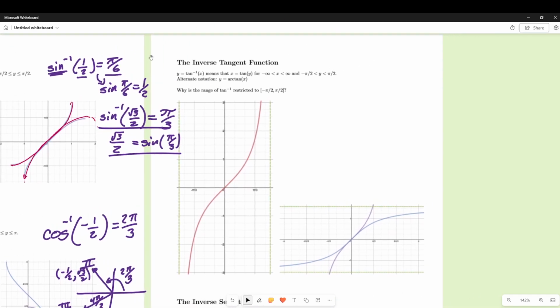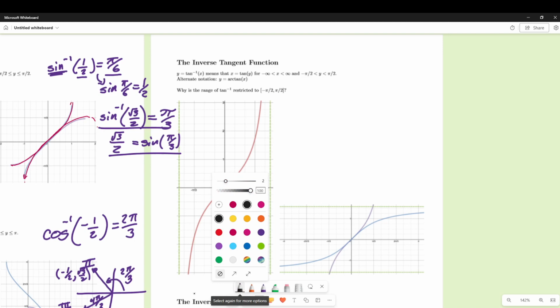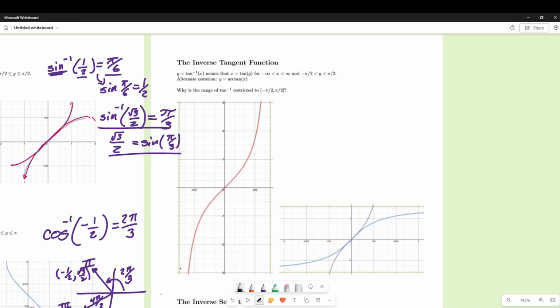Tangent in some ways is a little bit nicer. I'm not sure if nicer is the right word, but a little bit cleaner in some ways, because if we graph tangent normally, you remember tangent had all of these sweeps in it. But again, it doesn't pass the horizontal line test. It wouldn't be invertible over its entire domain.